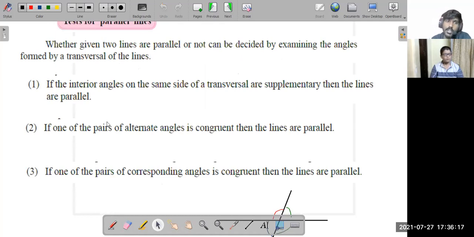It says if one pair of alternate angles, it has to actually be alternate interior angles, is congruent, then the lines are parallel. Fine? Okay, now let's come back to the sum.